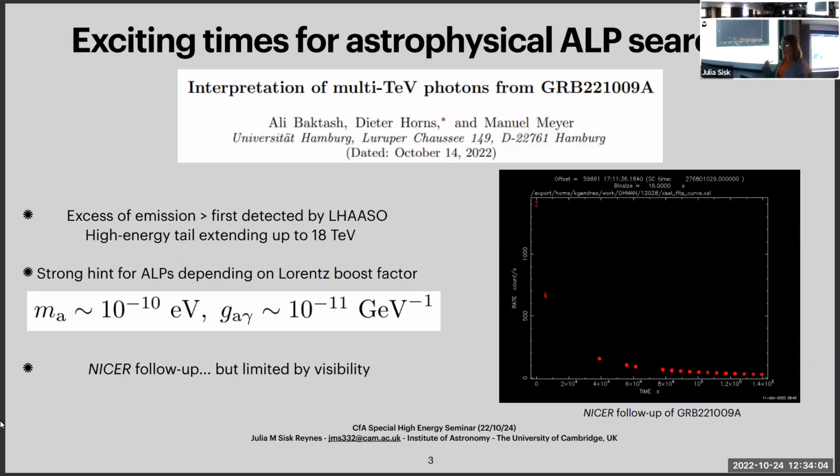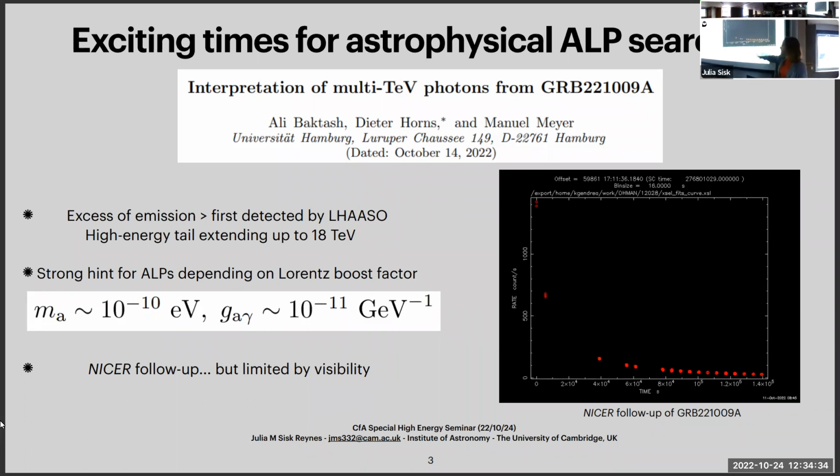In terms of the axion part of things, I don't think I need to motivate the recent interest in astrophysical axion-like particle searches too much. Over the last 2 or 3 weeks, the arXiv has been populated by a series of papers that were trying to link this extraordinary gamma ray burst event with a tentative axion hint, and these are the parameters that they were getting.